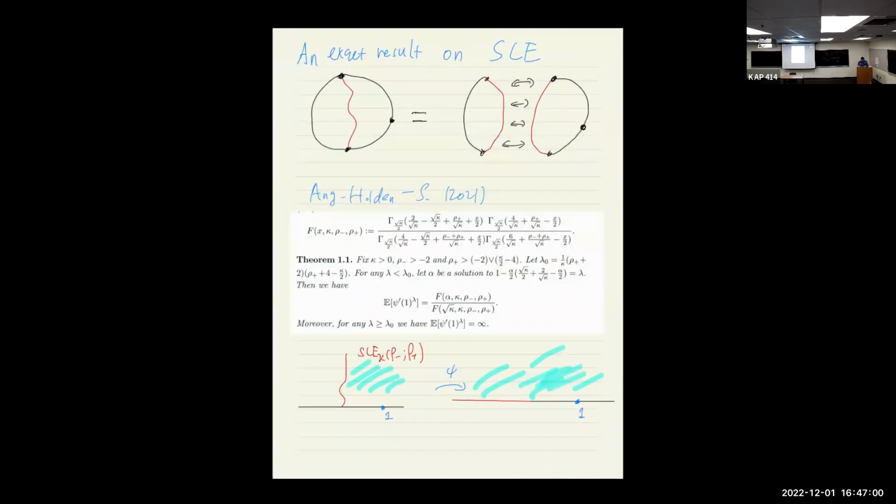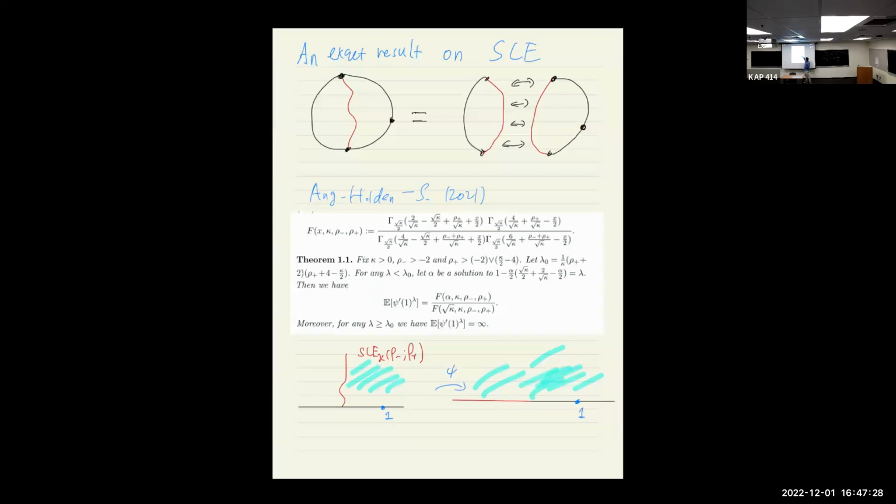Okay, so the next result is about SLE itself. And I think this result is also a result that could let people sleep. So maybe I don't spend too much time on this result, which basically is about an interesting variant of SLE called SLE kappa rho. In this SLE kappa rho, you can compute some natural quantity related to conformal derivative, and we give a formula for this quantity.